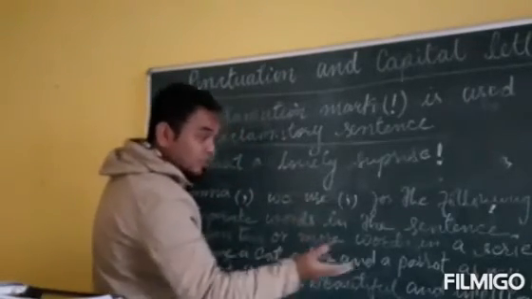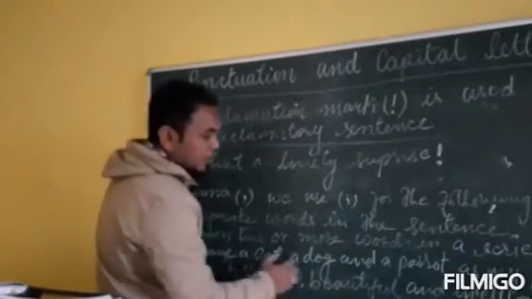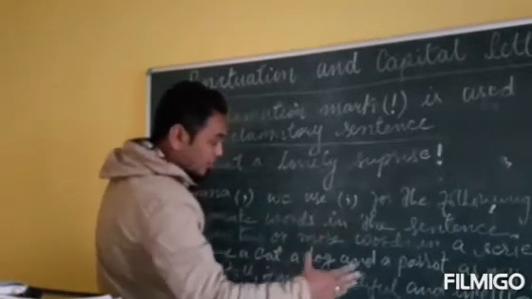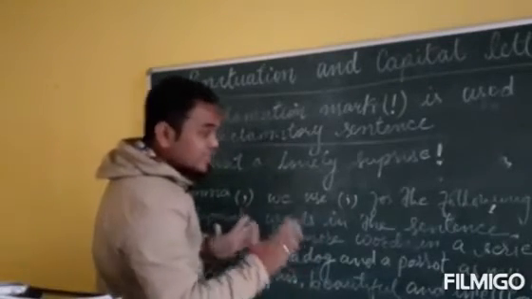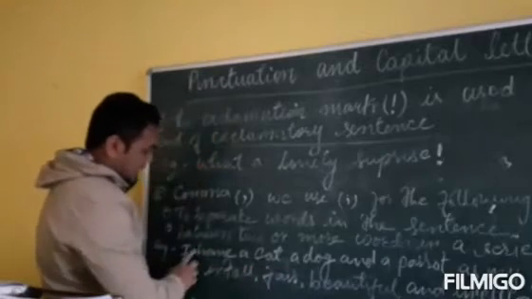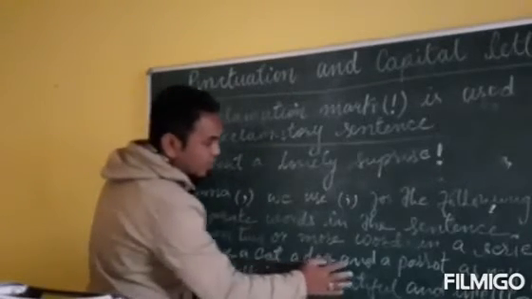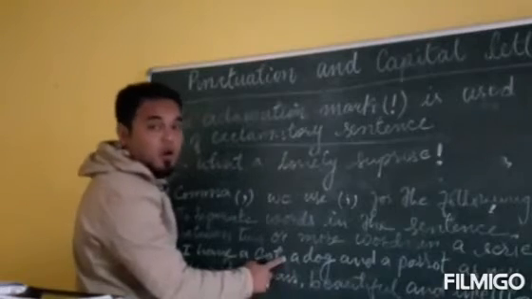So in this kind of sentences, you have to use comma to separate the words, so that we can clearly understand what the sentence is trying to say. Okay? So I have a cat, a dog, and a parrot. So in this kind of sentences, you have to put comma.